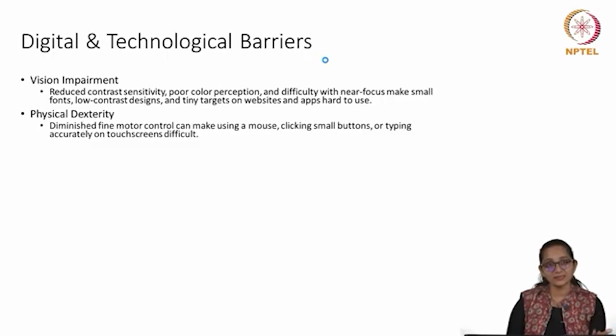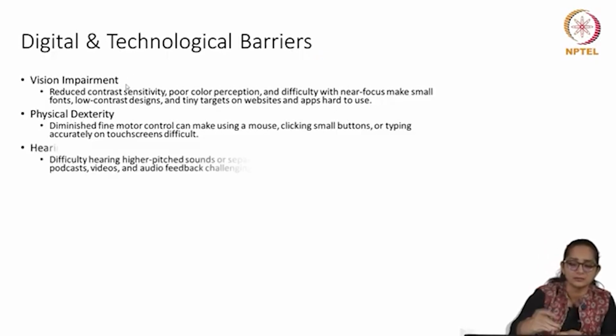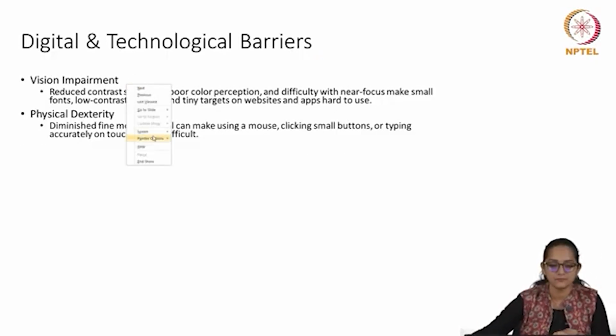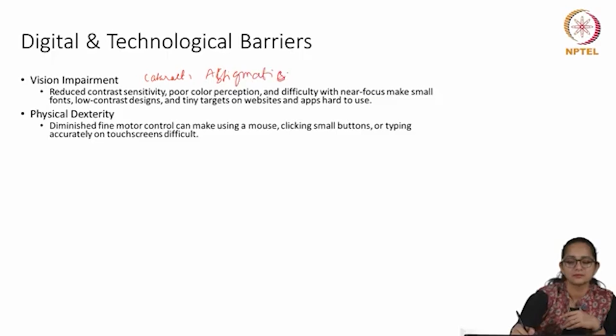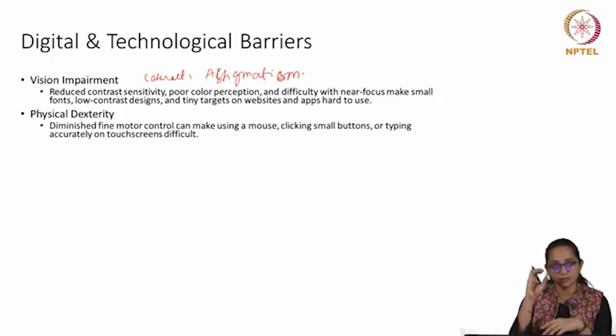Low contrast designs may cause accessibility issues because of lower contrast sensitivity or other vision-related aspects like cataract, I am sure you might have heard, or astigmatism, which is like tunnel focus.